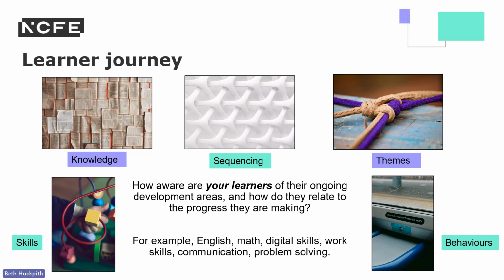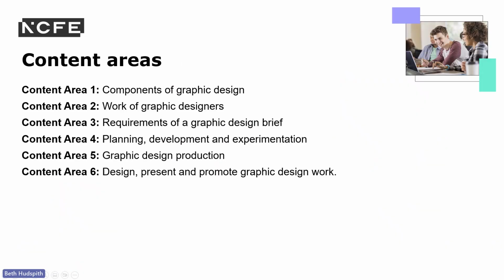The list is not exhaustive, and it needs to be individualised for each learner. So subject specific, English and maths, digital skills, work industry skills, communication skills, analytical and evaluation skills, and other would be problem solving, adaptability, proactivity, objectivity and professionalism, and so on. So it's about the whole learner journey as well as the qualification.